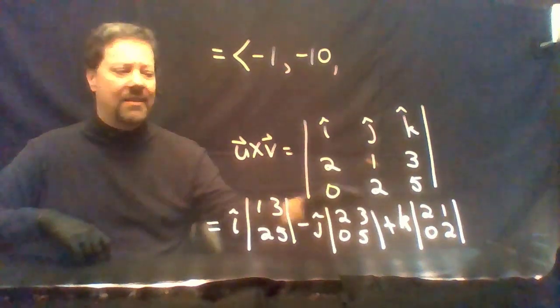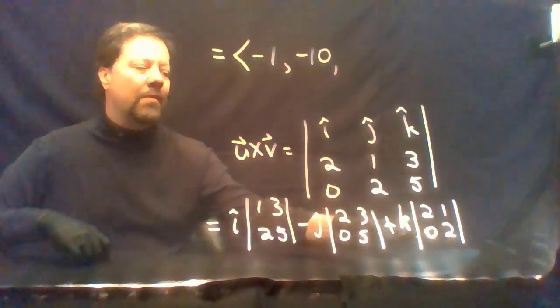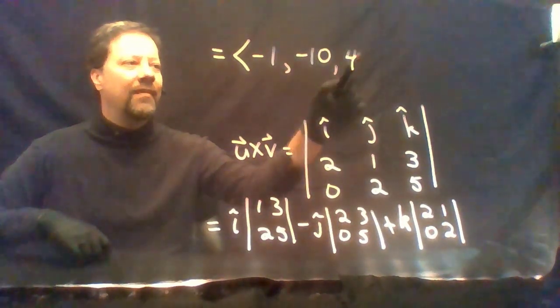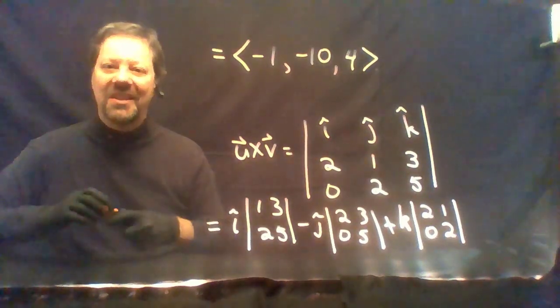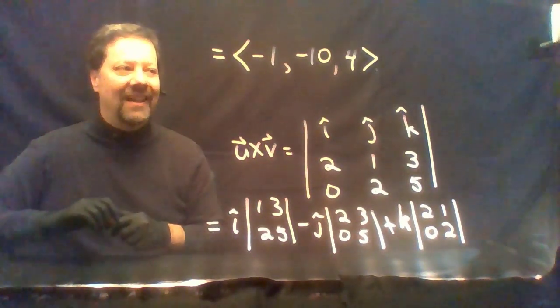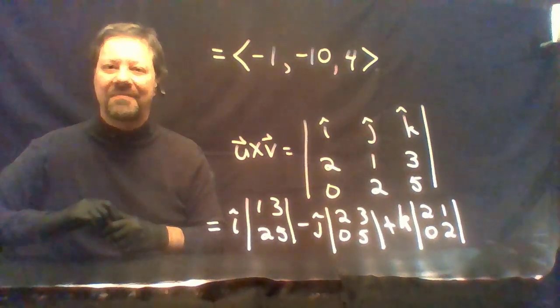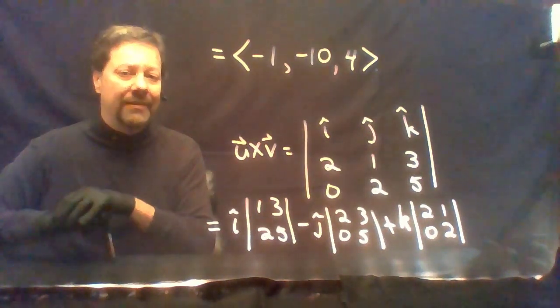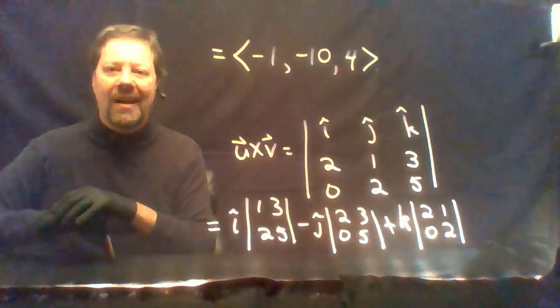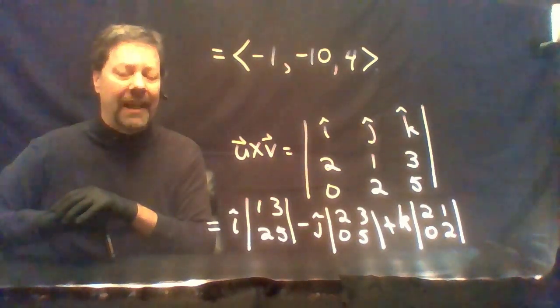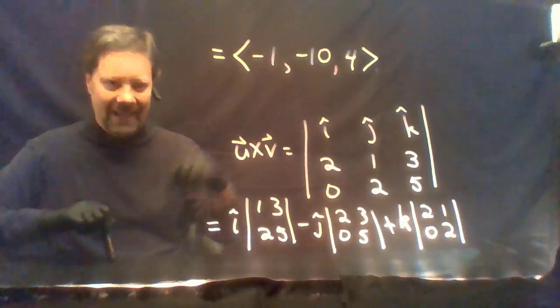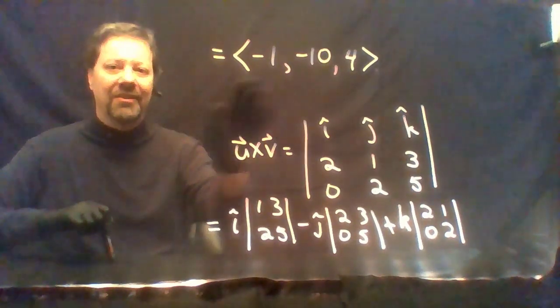So you get minus 10. And then 4 minus 0, and hence you get the vector -1, -10, 4. One thing to point out, when you take the cross product of two vectors in R3, you get, as an output, a vector in R3.